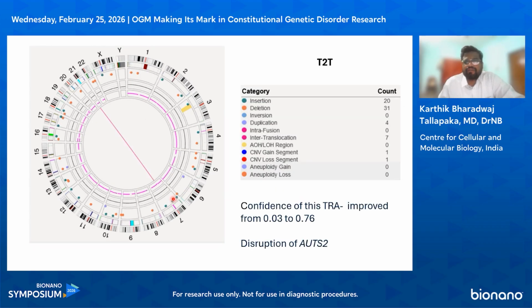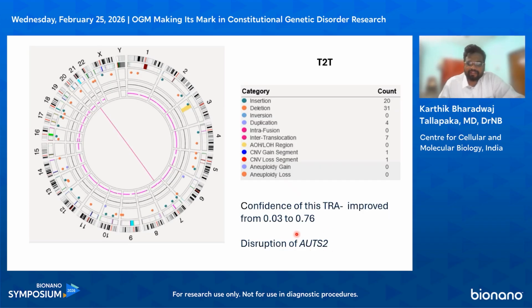However, when we used the T2T reference, once it became available, we were able to identify this translocation which was evident on karyotype, largely because the confidence of this translocation call improved.